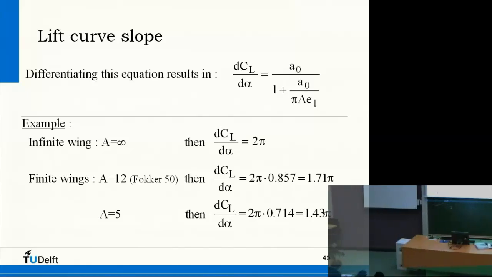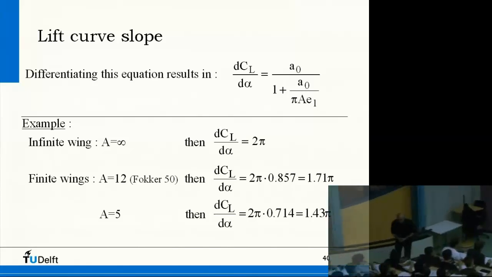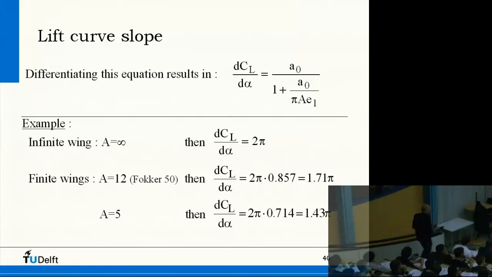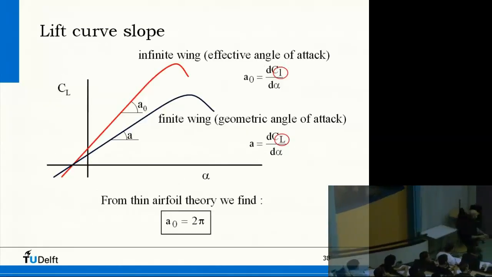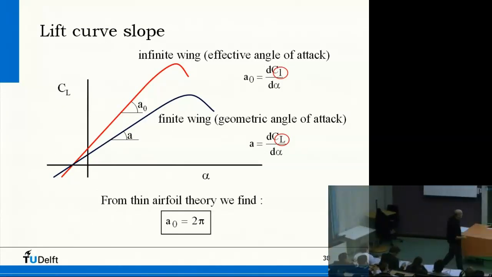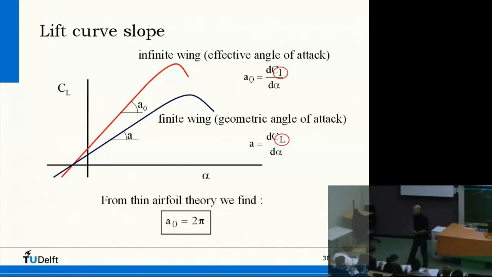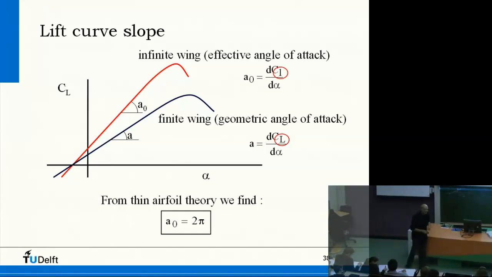There's a question. Why is a0 2 pi? That is thin airfoil theory. It goes a little bit too far to treat that here, but thin airfoil theory leads to, and then you calculate pressure distributions and stuff like that, and then you come to the conclusion that the lift curve slope is 2 pi.